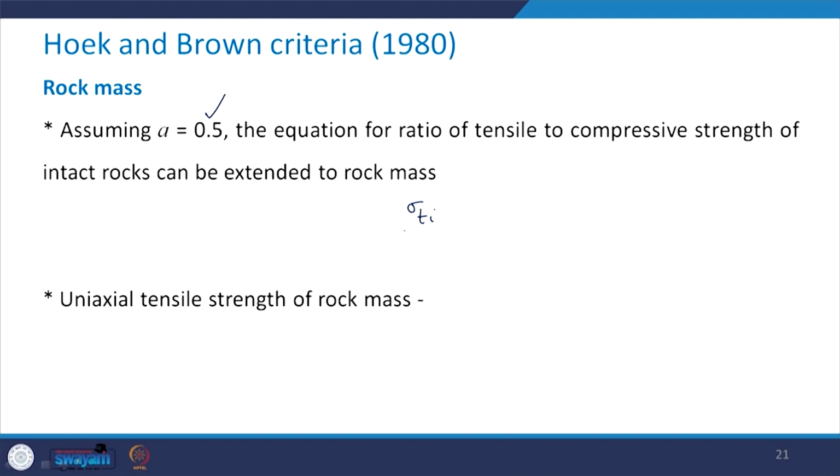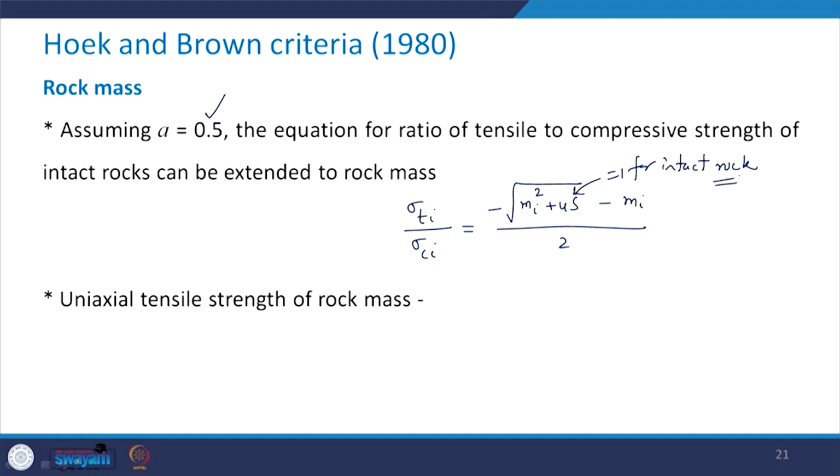Sigma Ti divided by sigma Ci was equal to minus square root of mi square plus 4s, minus mi, divided by 2. This was for the intact rock, and obviously this s would be equal to 1 for the intact rock. But right now I am not substituting it equal to 1 because I want to extend this expression in case of the rock mass.